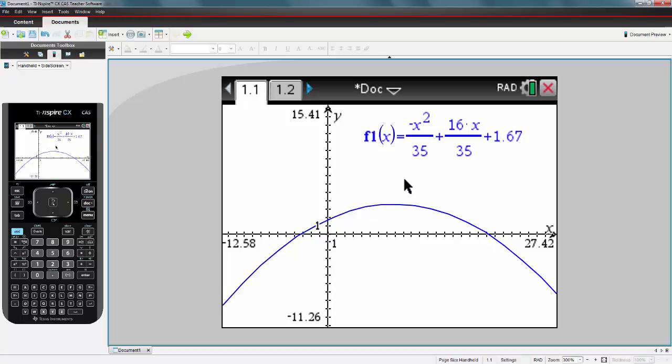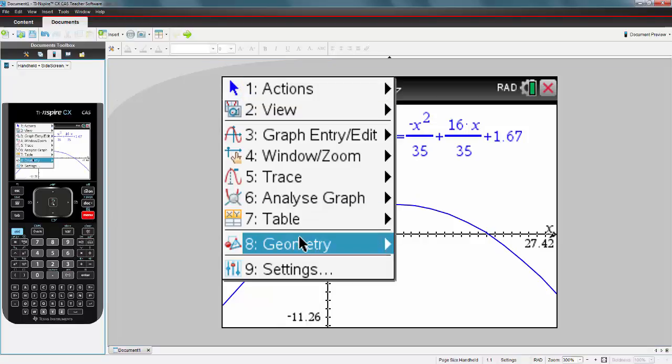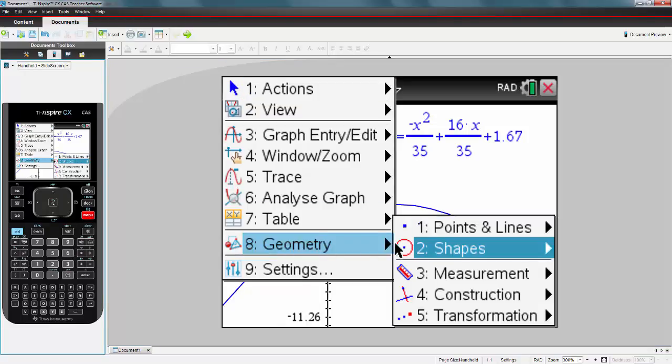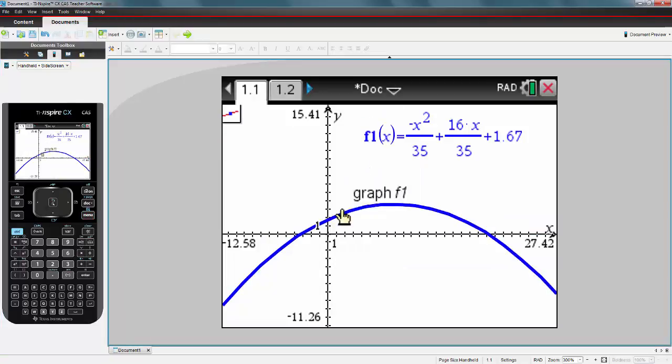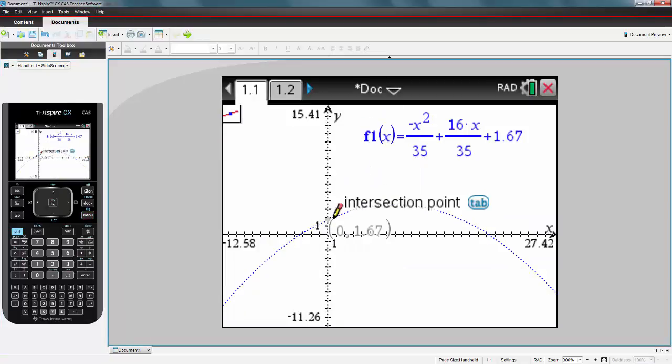Since this is a calculator exercise, we go to geometry and plot some point on the graph. I'm actually not going to plot it at 0, just to show you, in case you didn't get it exactly right. You can just put the point here, then you see it's 1.18.